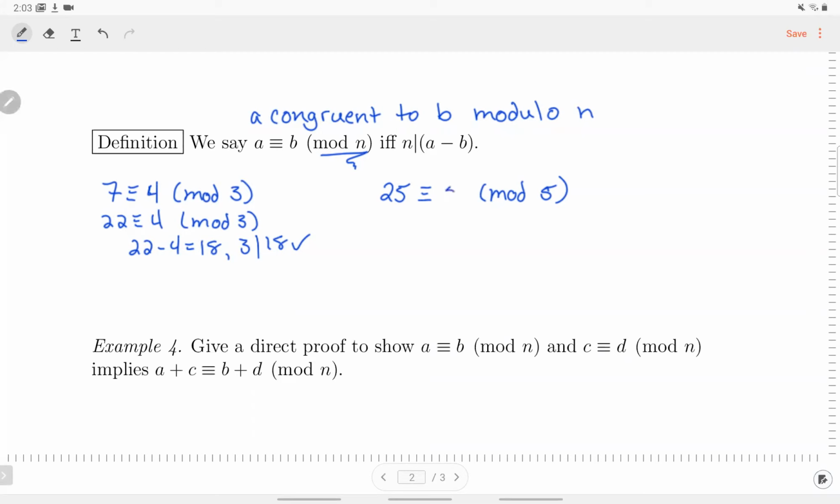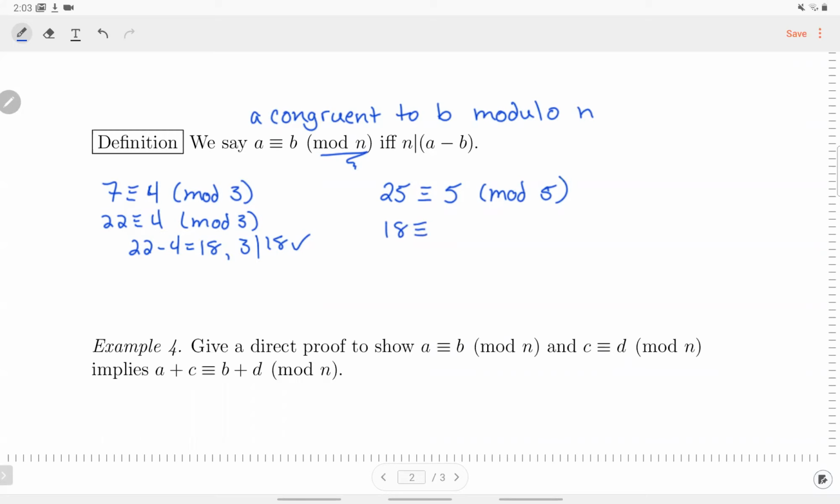5, yep. Any multiple of 5 is going to work, because when I subtract those, it'll still be a multiple of 5. They both have 0 remainder when divided by 5. Okay, that's what we mean by modulo. Another example: if I took 18, it has remainder 3 when divided by 5.